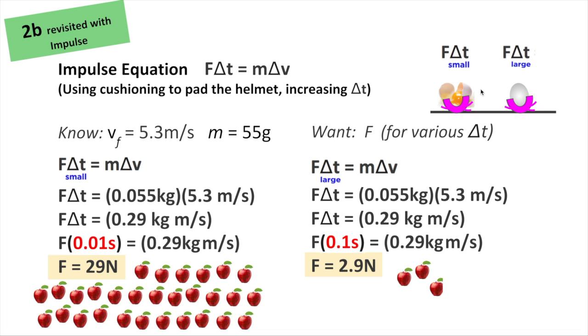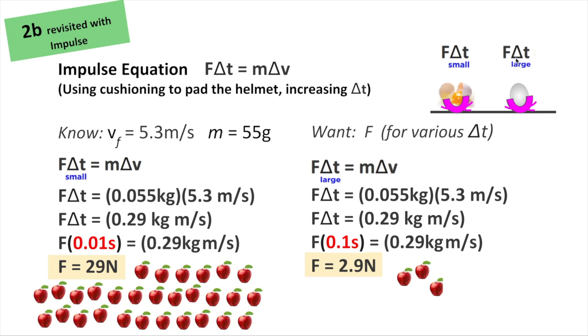But now let's think about this crash phase. What happens during the crash? Well, the egg experiences impulse. And remember, impulse is force times delta t, force times the change in time. If the change in time is really small, the crash just happens lightning fast, bam, and that egg experiences all of its force in this tiny, tiny time frame, then it's really likely to crack.